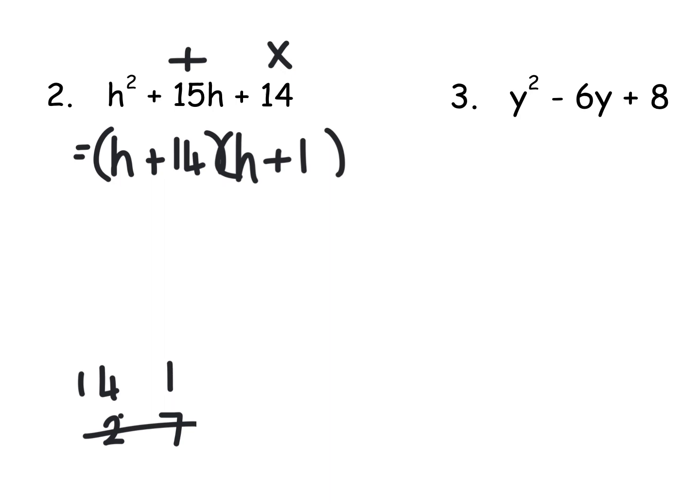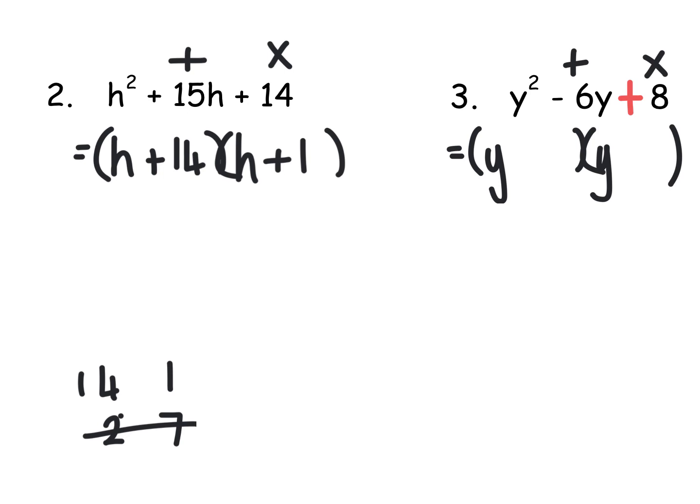So my y squared minus 6y plus 8. So open brackets. Y squared comes from y times y. We're looking for numbers that multiply to 8 and add this time to negative 6. Now I've got a plus 8 there. So because it's a plus 8, I know that my signs match.